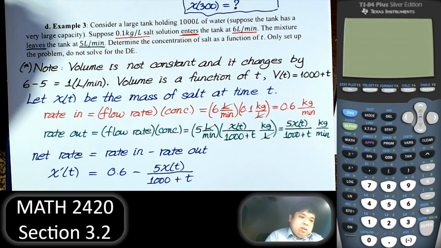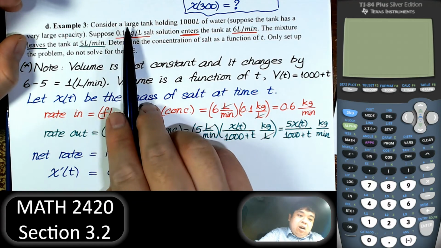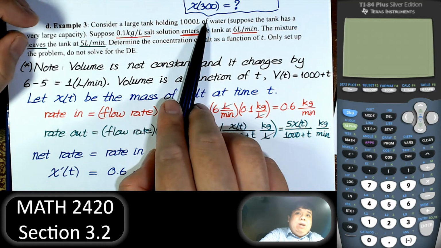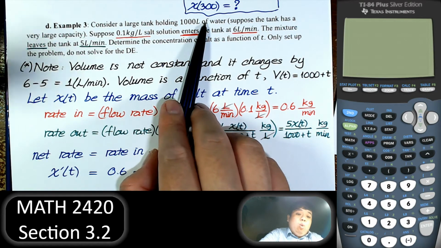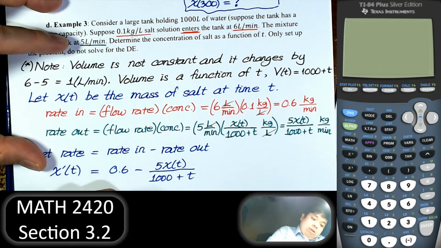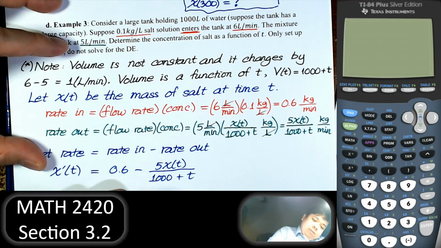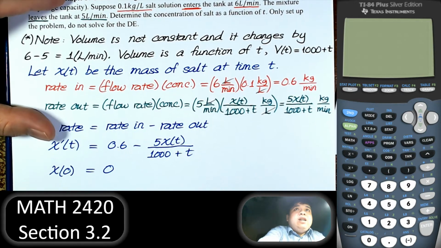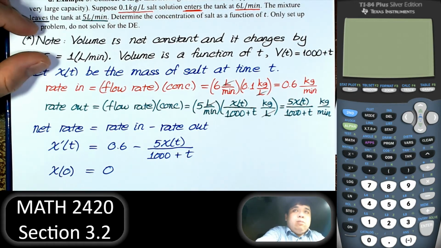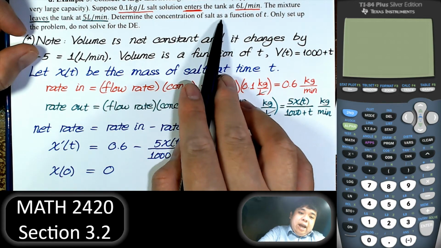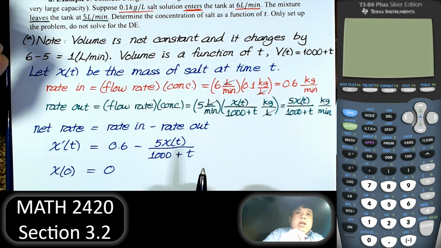Initial condition. Consider a large tank holding 1000 liters of water. I assume that it is pure water, otherwise it should say some kind of solution. So initially we have nothing. That is the initial condition, right? Determine the concentration of salt as a function of t. So what is the question?